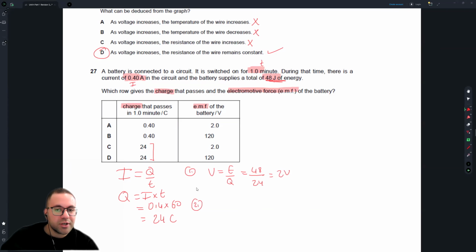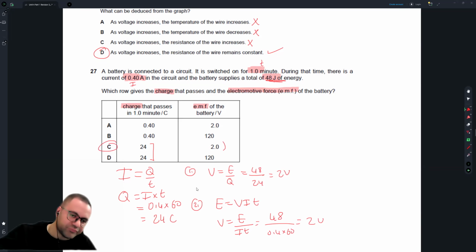Or you have energy and current, and you want voltage, and you have time, so you can use E equals VIT, which means V is equal to E over IT, which is 48 over 0.4 times 60 again. It's the same answer, too. So the answer is C. Both options are okay. Very nice.